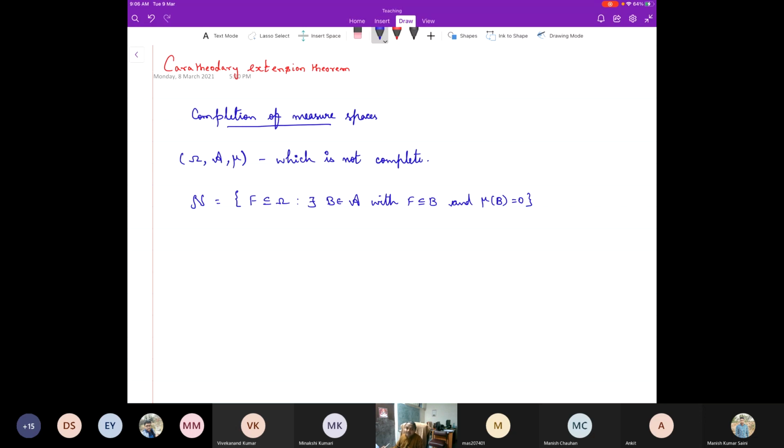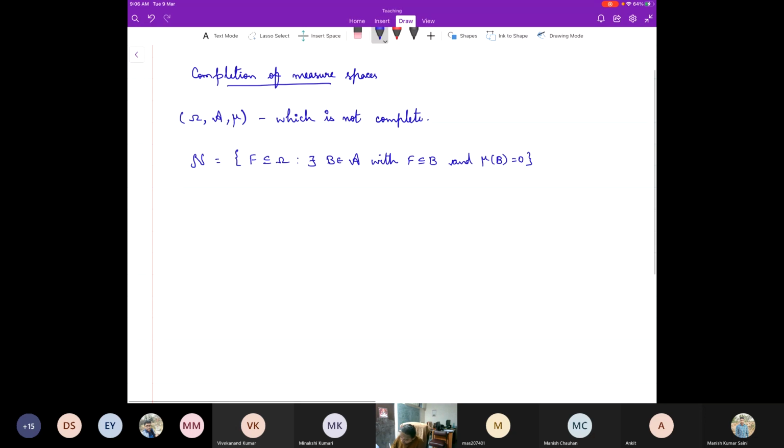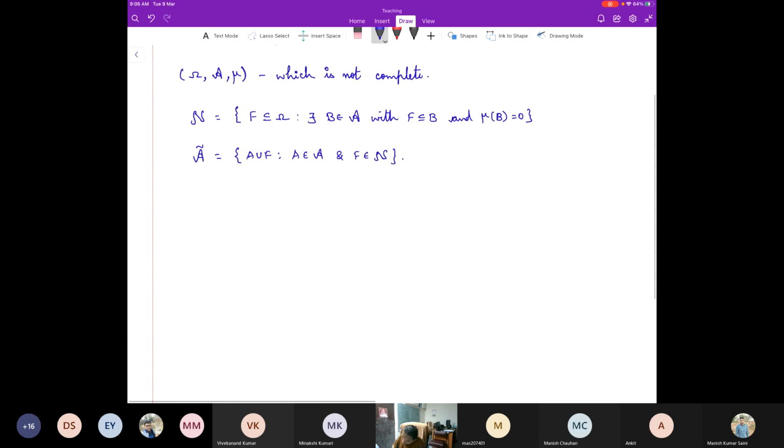Yes, so this is what we have. And then we formed A tilde as all those A union F with A in A and F in N. In the last class we showed that this collection A tilde is a sigma algebra. Yeah, this much we have seen.